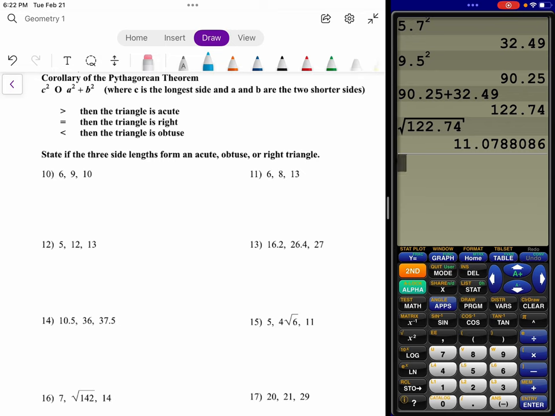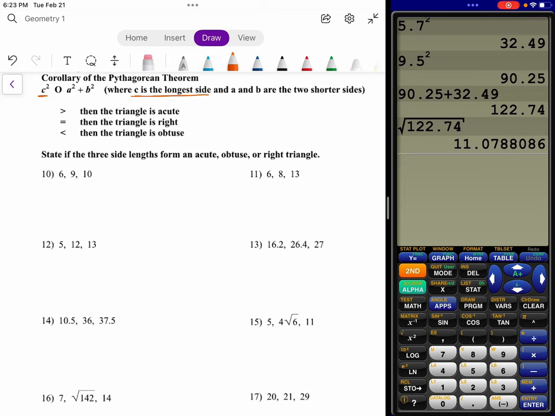The 2 smaller sides must add up to be larger than the third side, which in all of these examples they do. So in these examples, we're assuming that it's a triangle, and we want to determine what type it is. All you do is take C squared, which is the longest side squared, and we also find A squared and B squared and add those together.